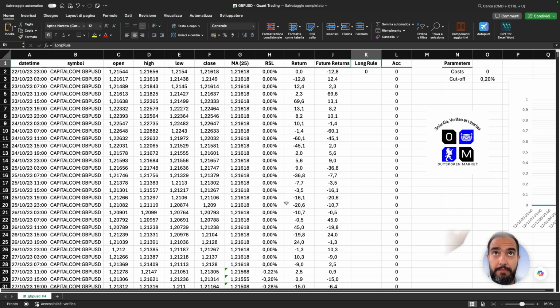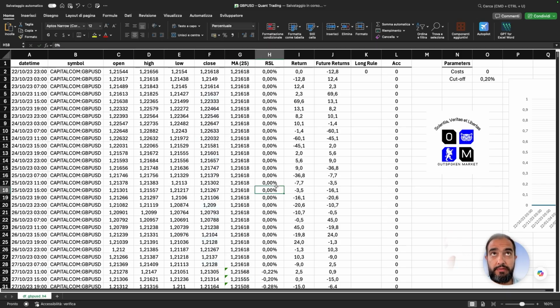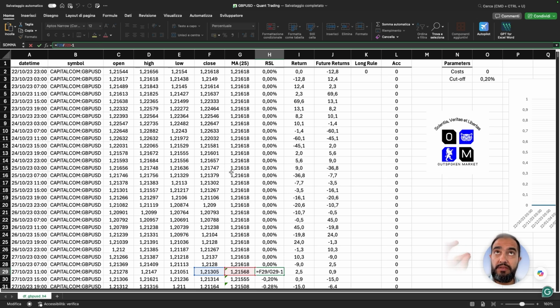That being said, once you build in Excel the average from the past 25 periods, the RSL will be just the close divided by the moving average value, subtracted by 1, so we can have the percentage.